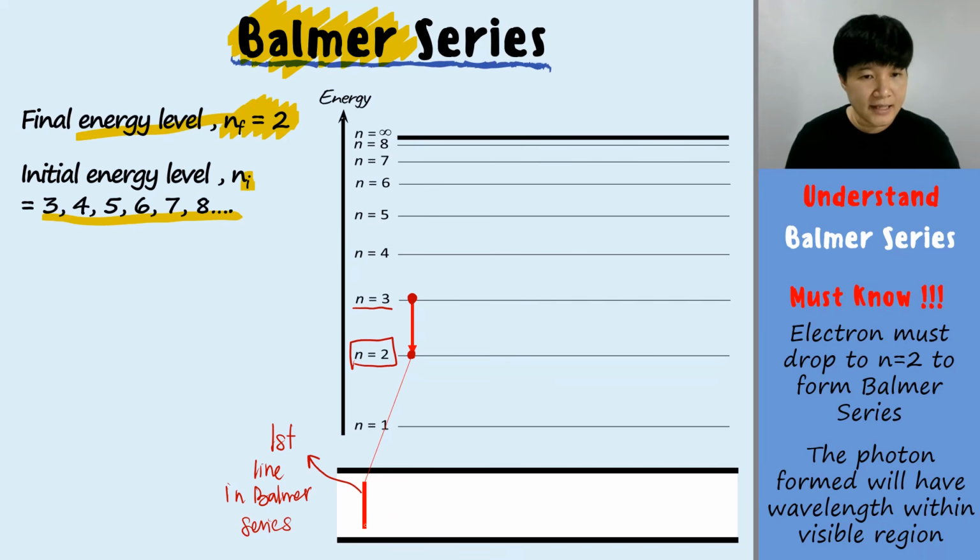How about the second line? The second line obviously is from n equals 4 to n equals 2. How about the third line? Going up again, from n equals 5, drop all the way to n equals 2. That is the third line.